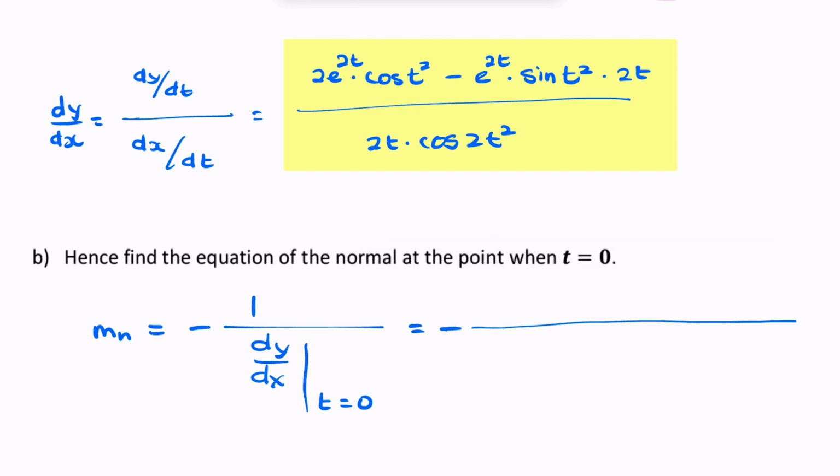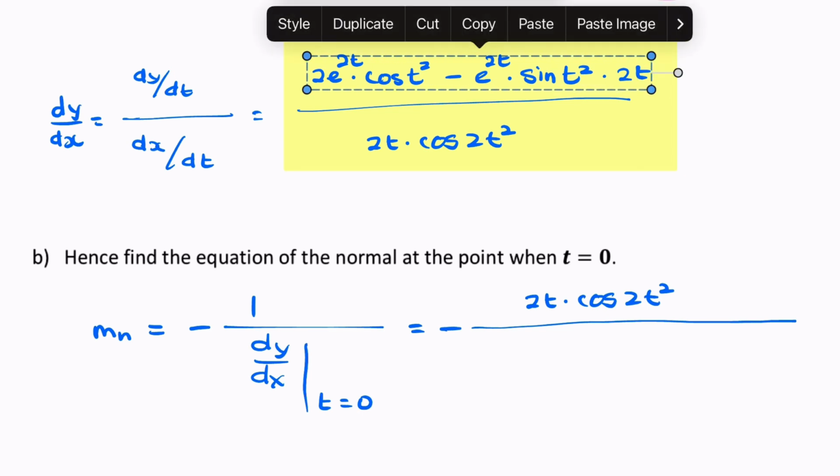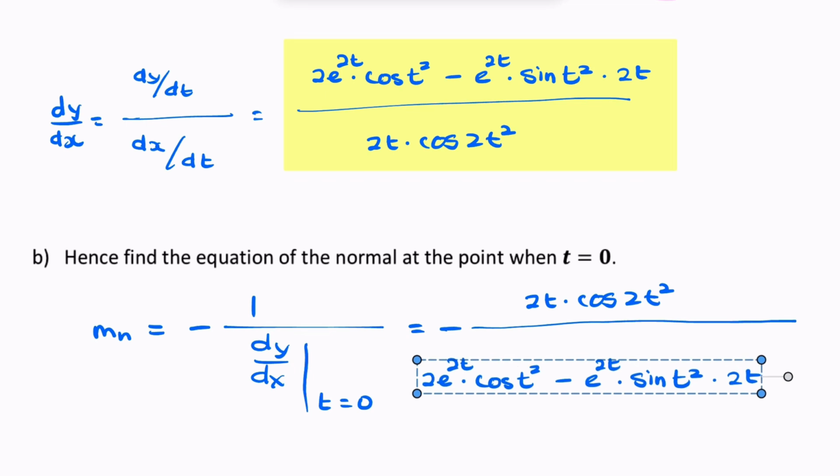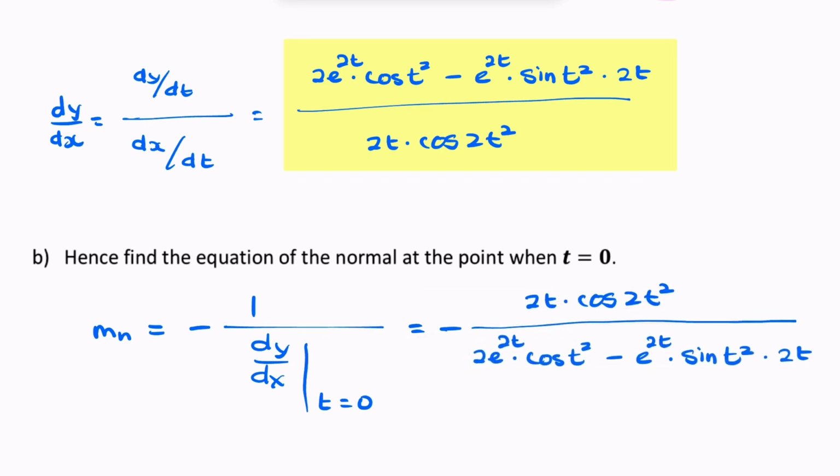So I'll put my negative sign there, and then we'll just put the denominator in the numerator and the numerator in the denominator. And now I need to substitute t equals 0. So I'm going to have a 0 here.